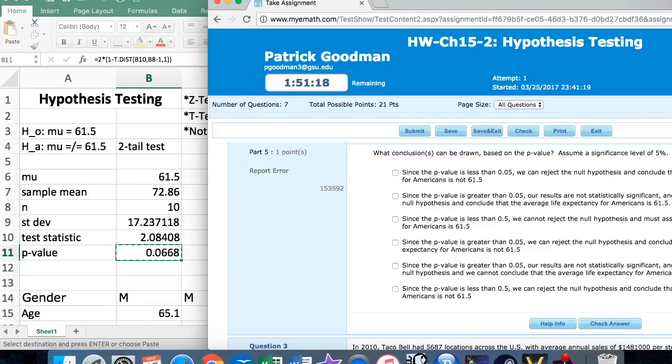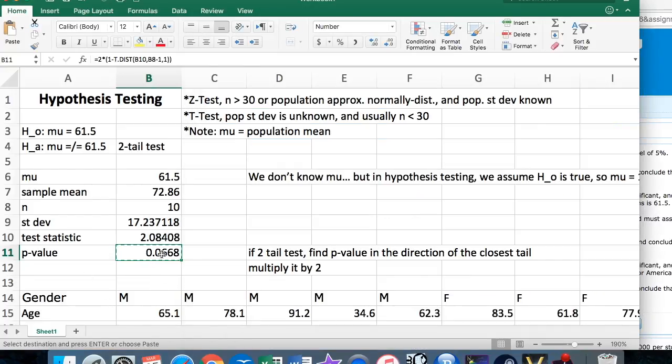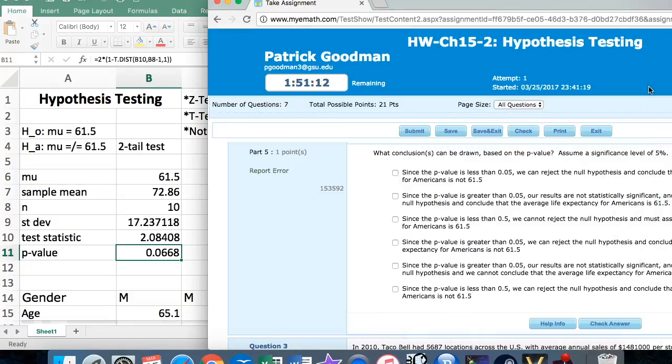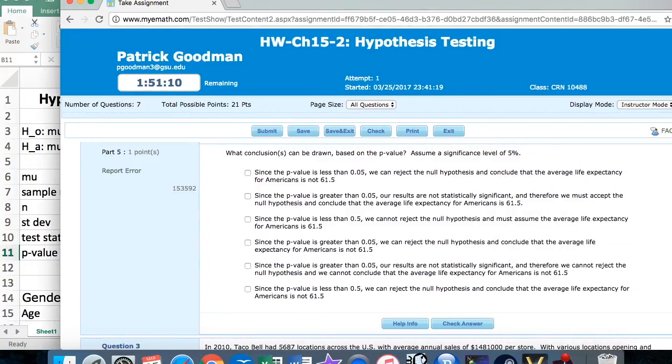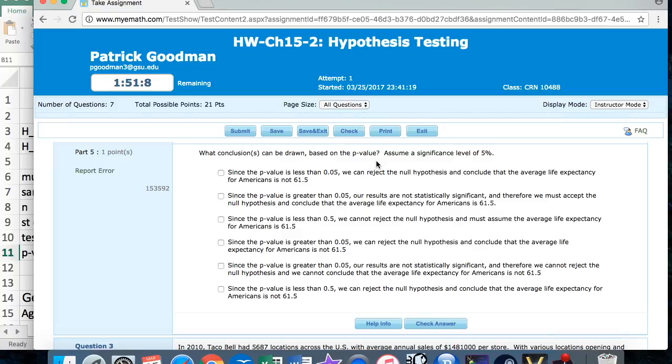Well, our p-value is 6.6% or 6.7%, which is larger than 5%. So this means we cannot reject the null hypothesis, right? We don't have enough evidence to do that. So it would be something more along the lines of this. Let's read the whole answer to make sure it's correct. Since the p-value is greater than 0.05, that's correct.